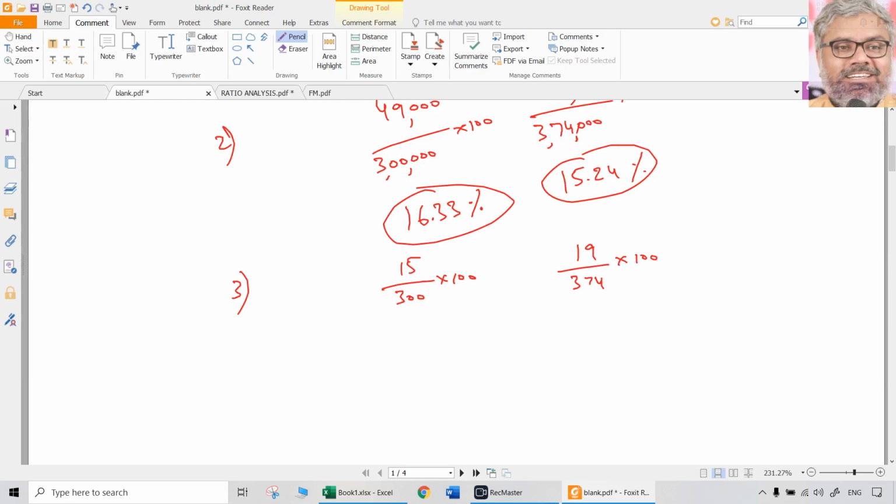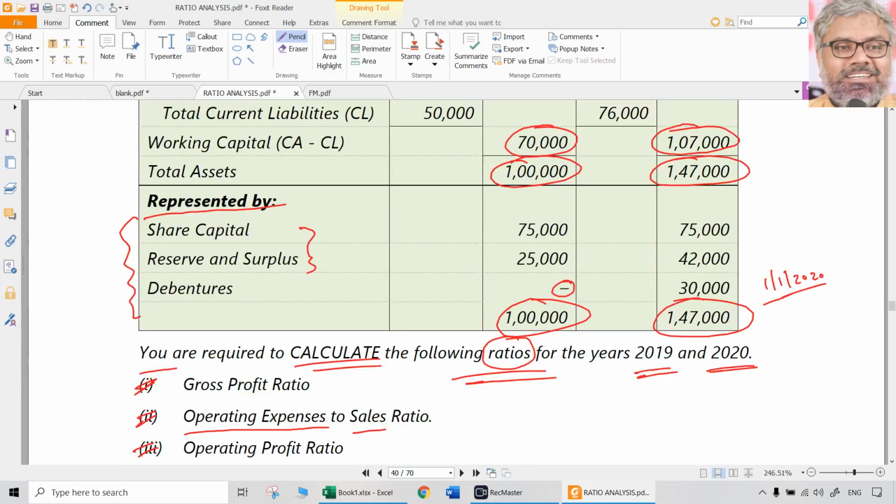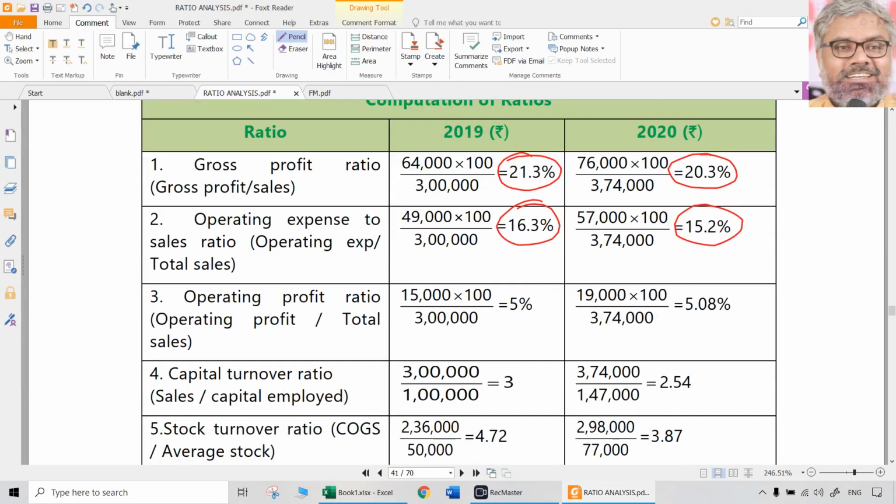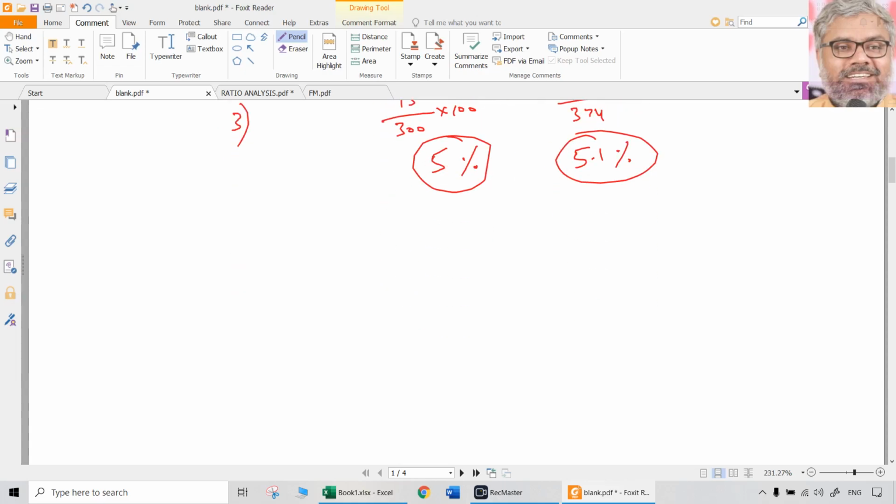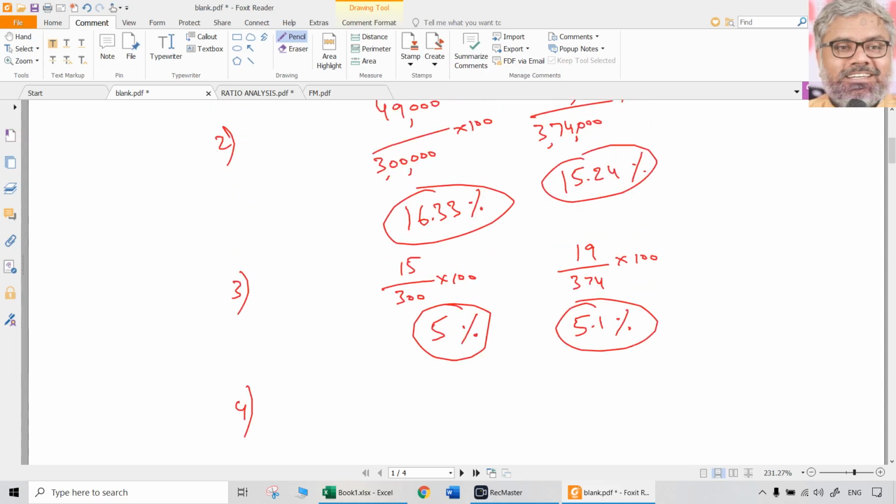A more elaborate presentation is required. The calculation is different. So 5% in 2019, then 5.08%, or let us call it 5.1% in 2020. So 5% and 5.1% should be the answers for operating profit ratio. That is the third ratio calculated.